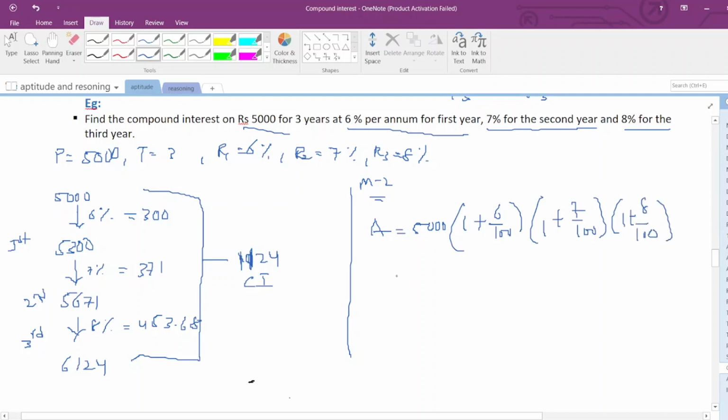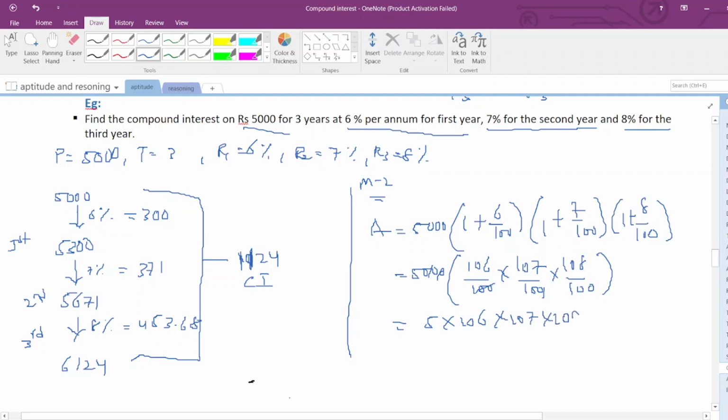After you solve this, you will get 106 by 100 into 107 by 100 into 108 by 100. Once you solve this, the 00 cancels and this 0 cancels. You will get 5 into 106 into 107 into 108 by 1000. Once you solve this, you will get 6124.